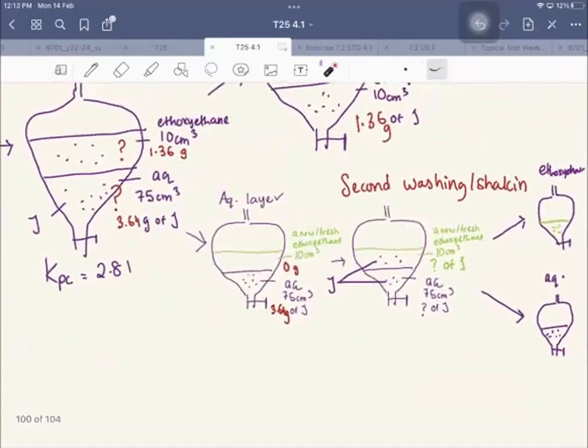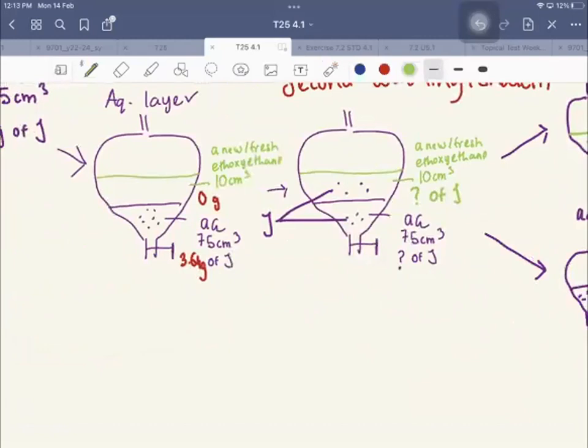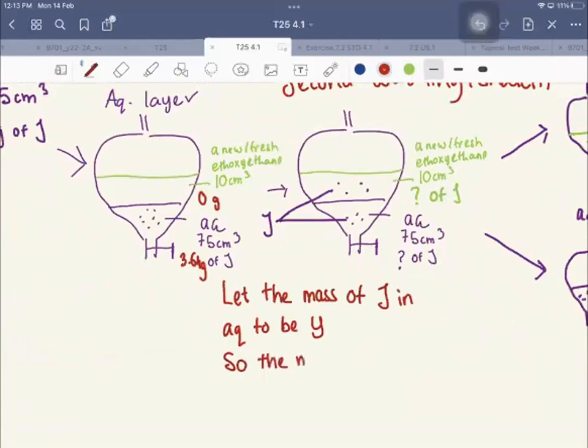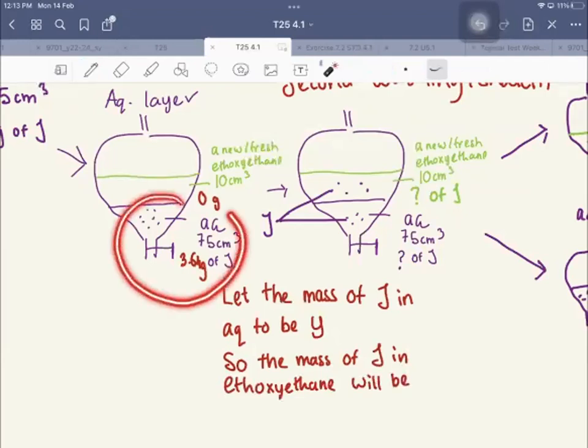So what I can do here is let the mass of J in aqueous be Y this time. The mass of J in ethoxyethane will be, now here you started with 3.64.